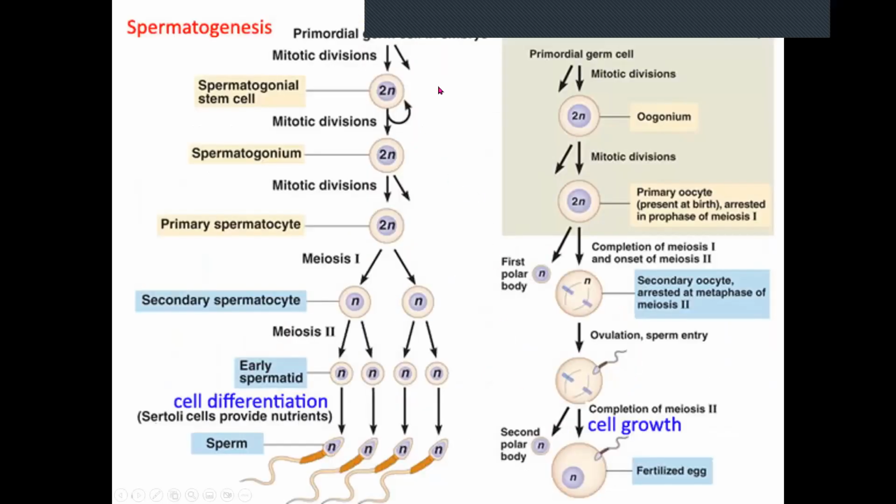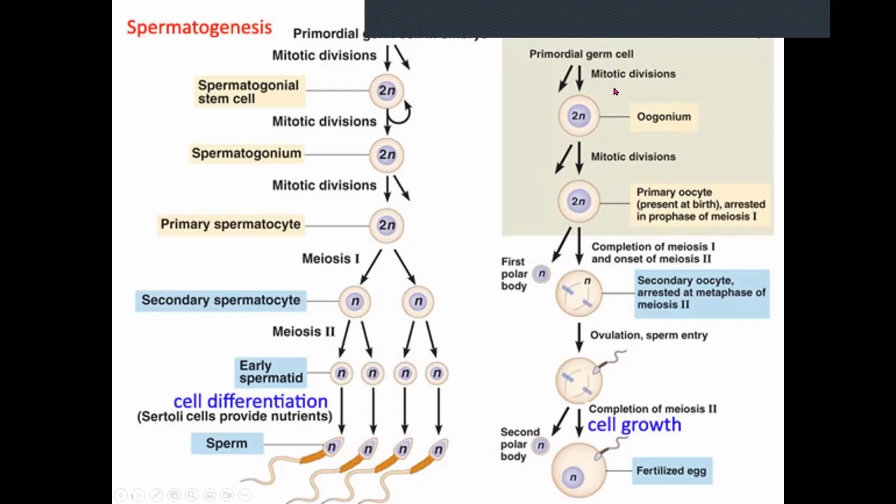Okay, here we are. 2n is the full number of chromosomes in a cell. Remember, 2 of each chromosome, so called 2n. Through the process of meiosis, you get half the number of chromosomes, not 2n, but n, and you end up with 4 sperm with half the number of chromosomes.